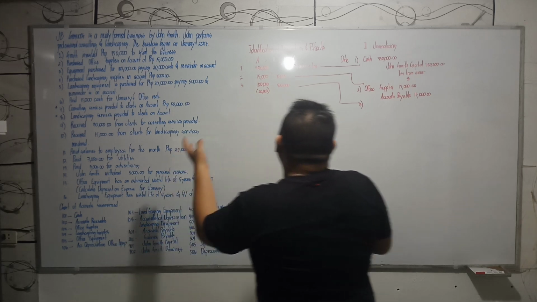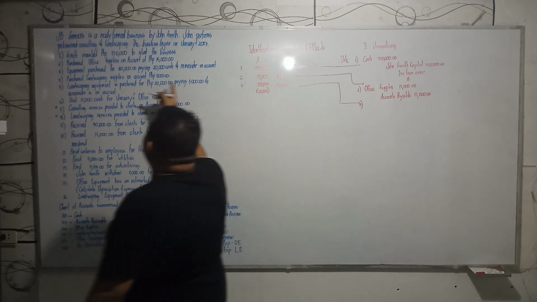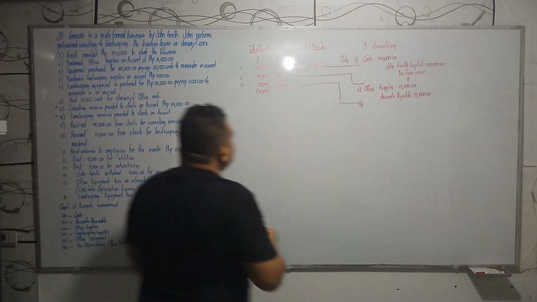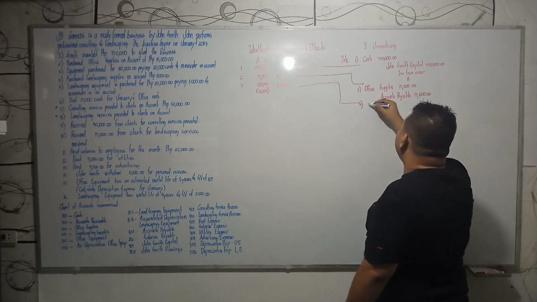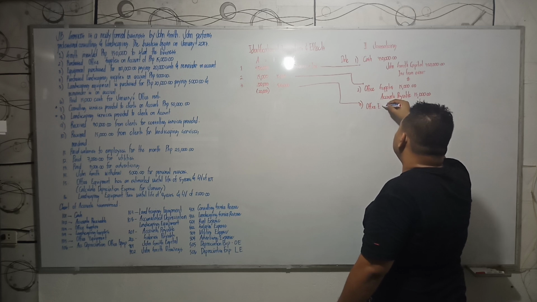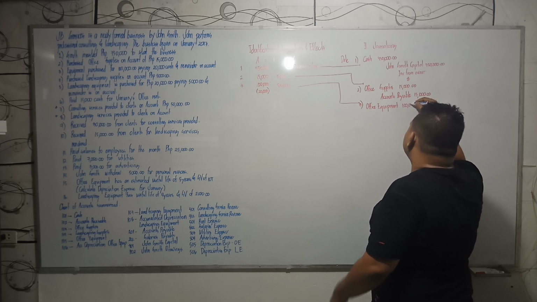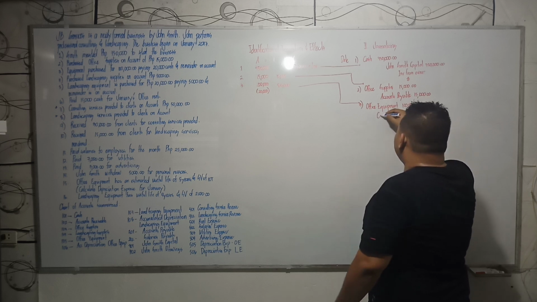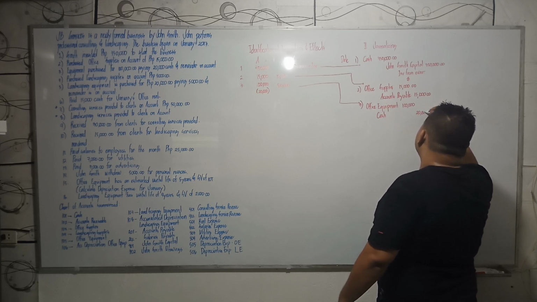Of course, it's not landscaping equipment, because if it is landscaping equipment, it should have been stated here in number 3. So let's use office equipment. So we have office equipment worth 100,000. And then you have to credit cash for the down payment of 20,000.